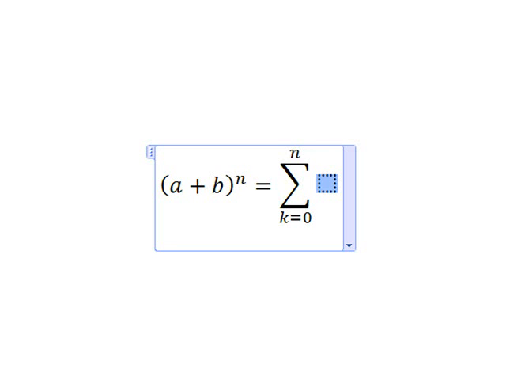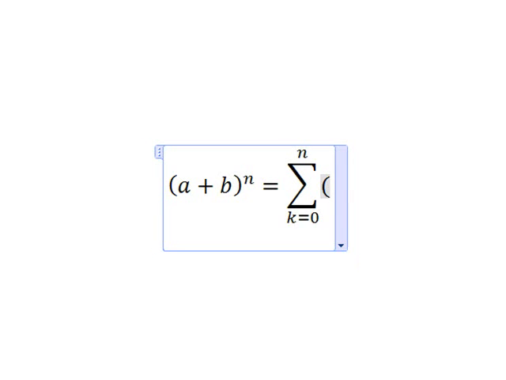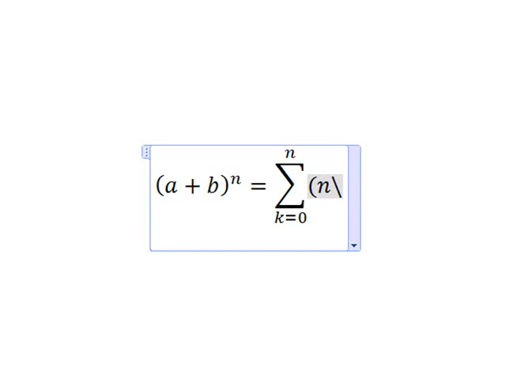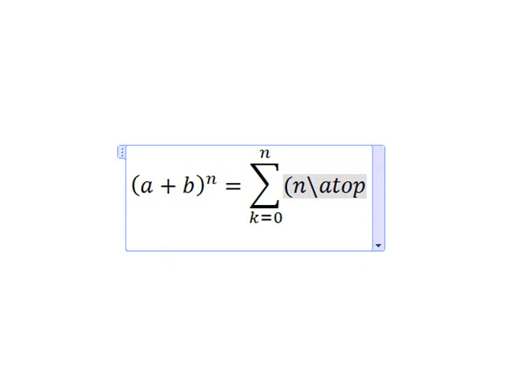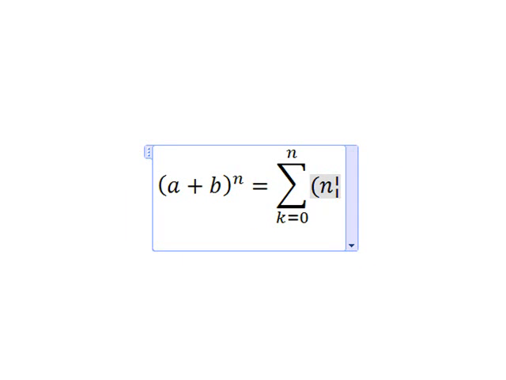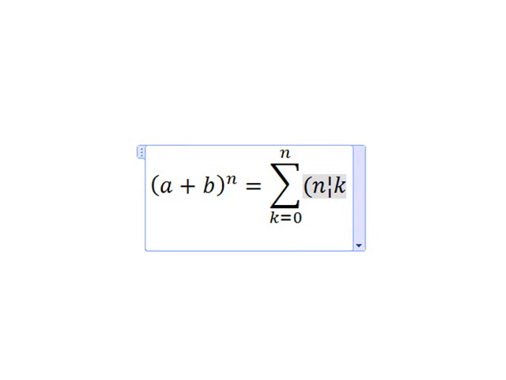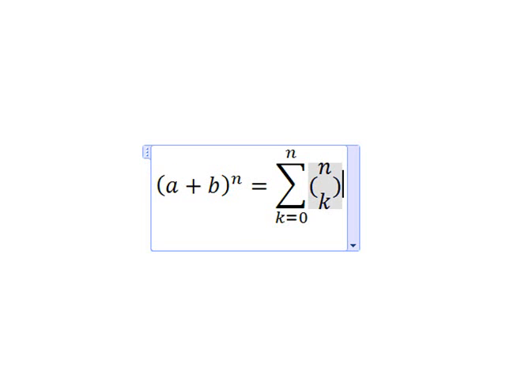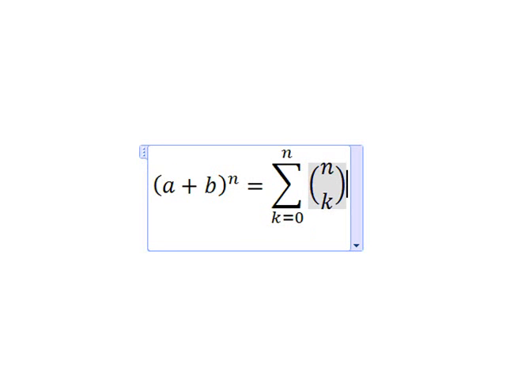The first term inside the summation is going to be a combinatorial factor, n over k. I'll say n atop k, which is the language we use for that over concept. I hit the right paren, closing that, and it builds up the n over k, and then I hit another space, and it will build up the parens to fit around the argument.